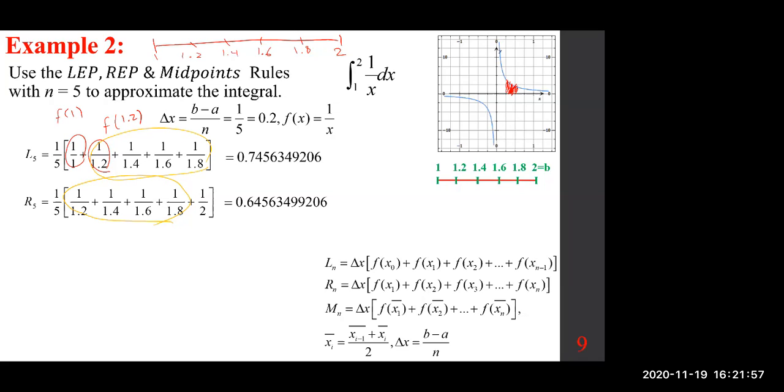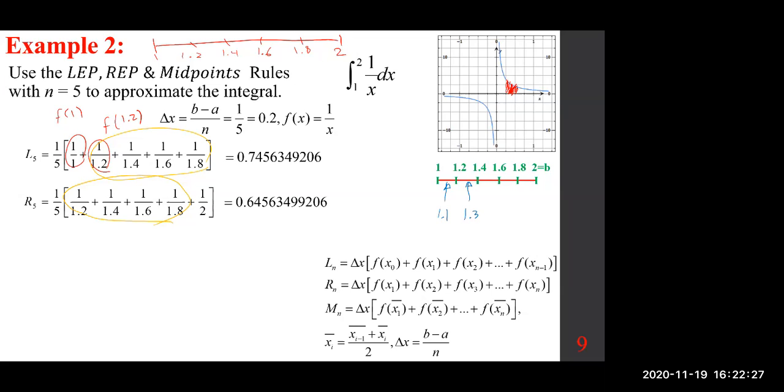Now, the midpoints, sadly, we don't have any choice but to actually calculate all of them. So what would be the midpoint? Let me use a different color here. So over here, this one is 1.1. I hope everybody can see that. And then you just add delta x, which is 0.2, and you get 1.3.